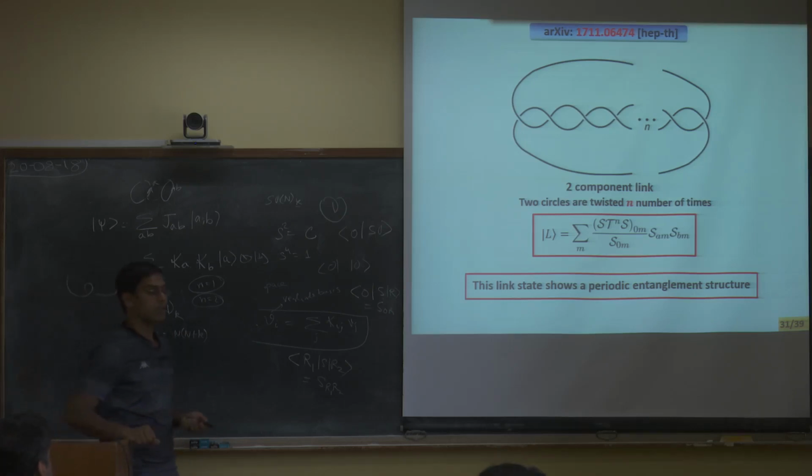For n equal to 2, the entropy was some finite number for k equal to infinity, but beyond that we don't have the result.